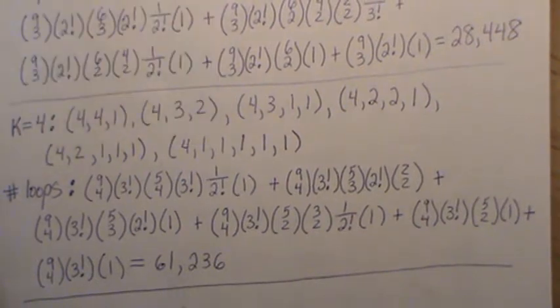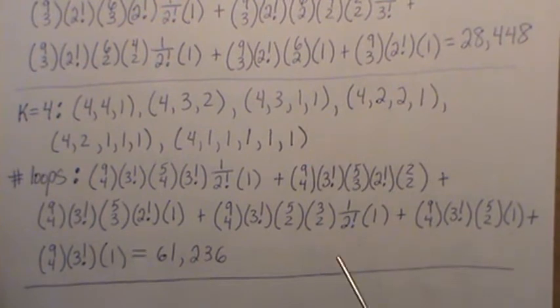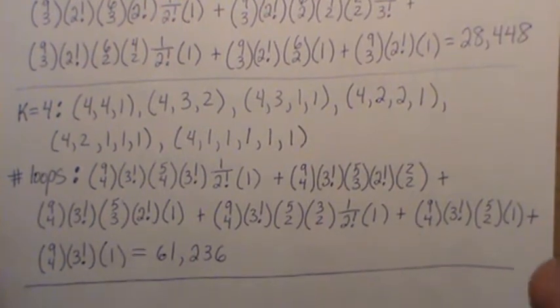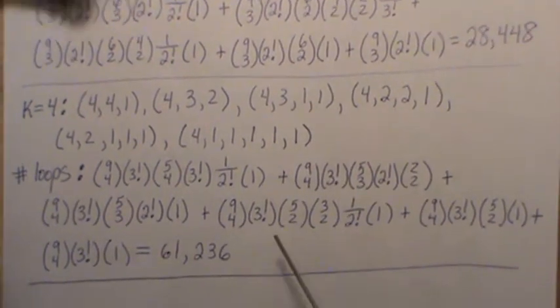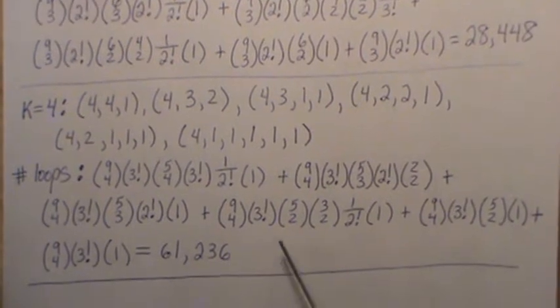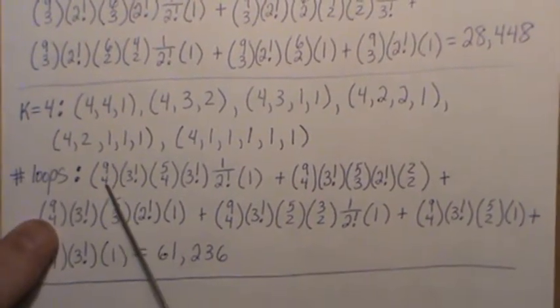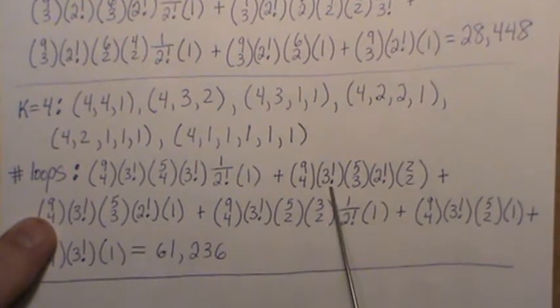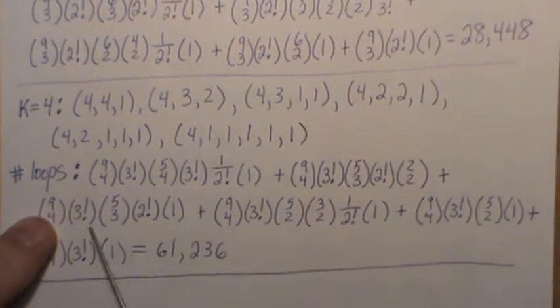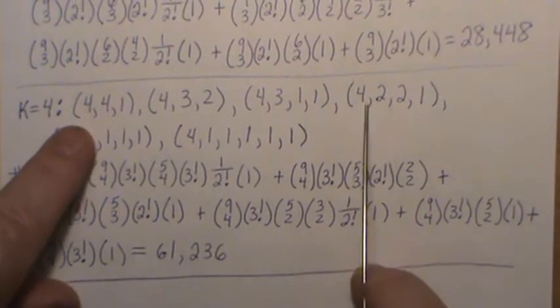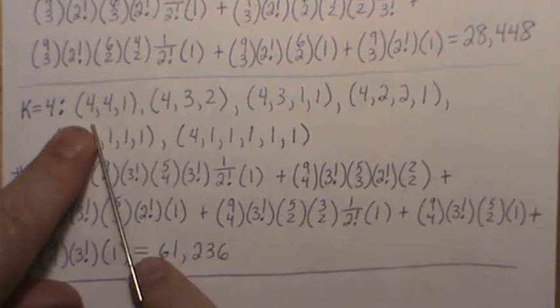There's 61,236 different ways. Now this is what I say next in regards to that general formula provided by Derek. Notice that there's a 9 choose 4, 3 factorial in every case, right? So that can be factored out, and that deals with that first 4.